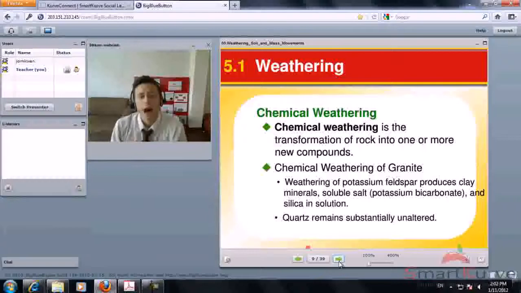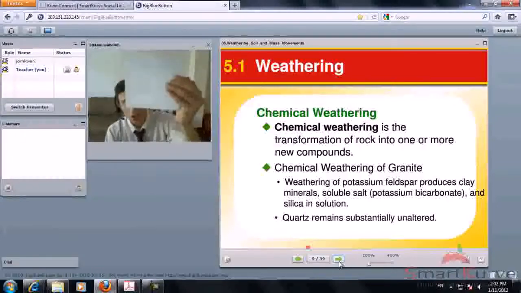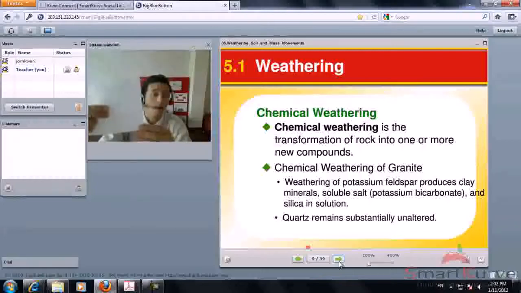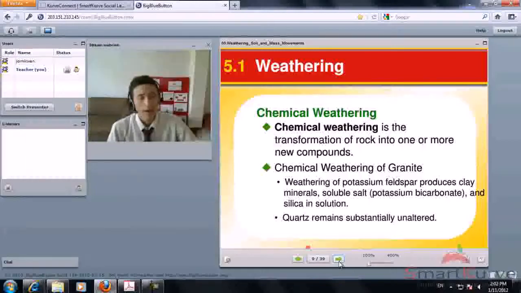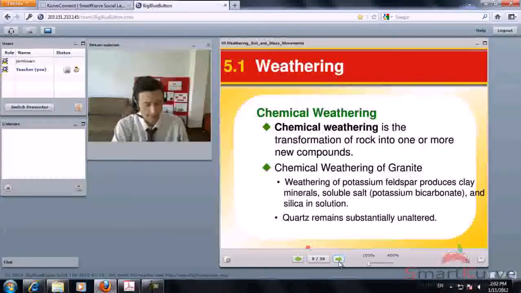That's a lot more stuff that can enter into chemical reactions. So feldspar is going to change. It's going to go through chemical weathering. But quartz will not go through chemical weathering.